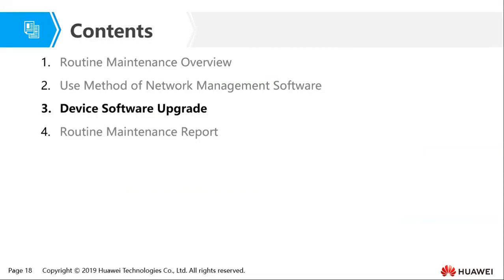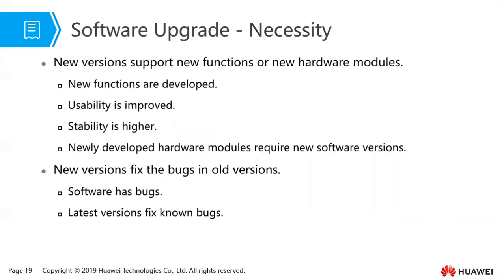So let's look at the next bit here, which is device software upgrade. Why might you need to upgrade your software? Sometimes you want to upgrade because new functions have been developed or the usability has been improved.